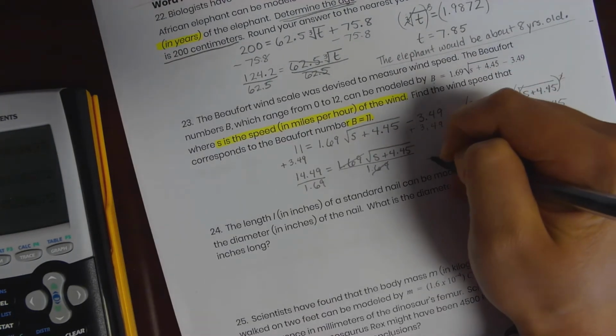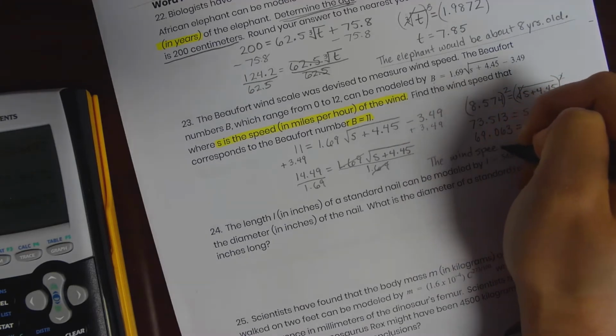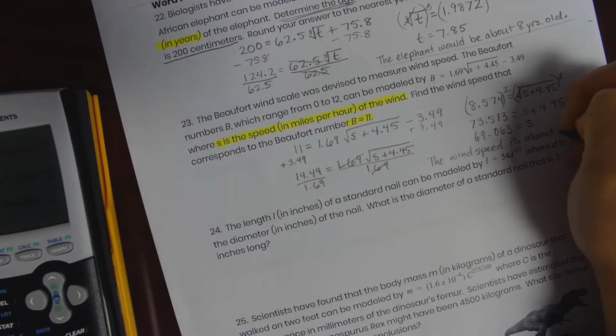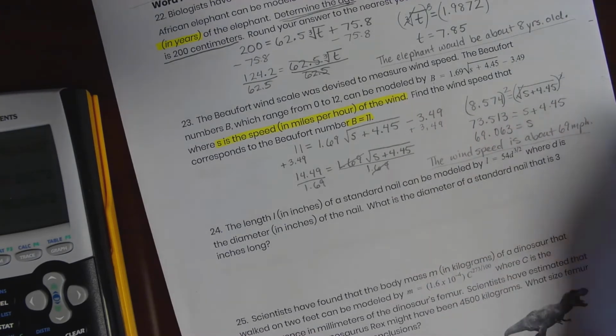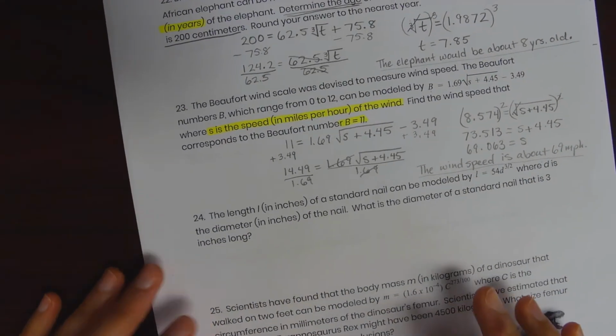So I will write the wind speed is about 69 miles per hour. And there's that answer. All right, so number 24.